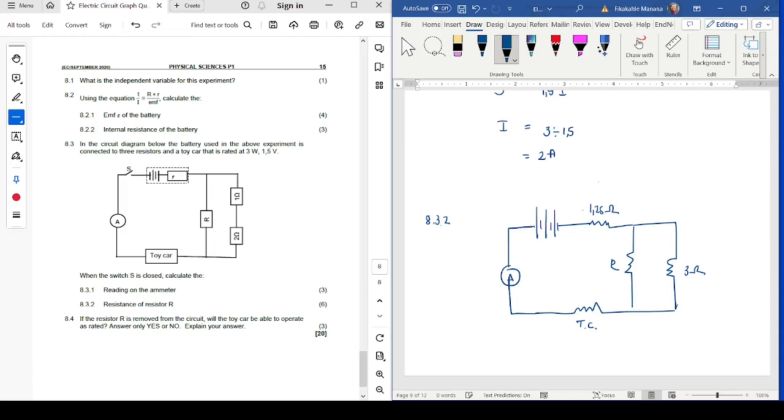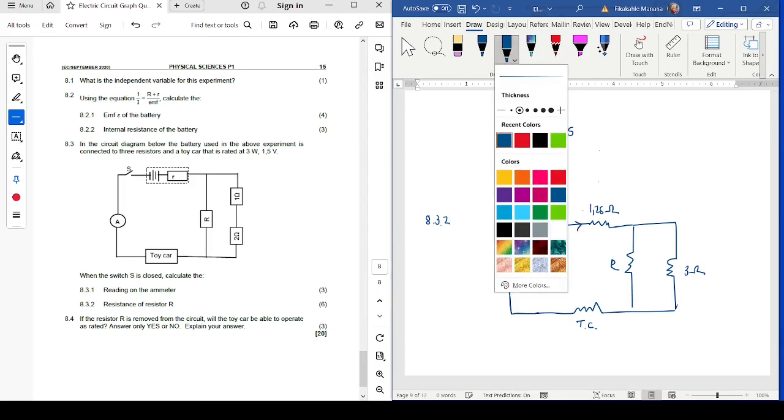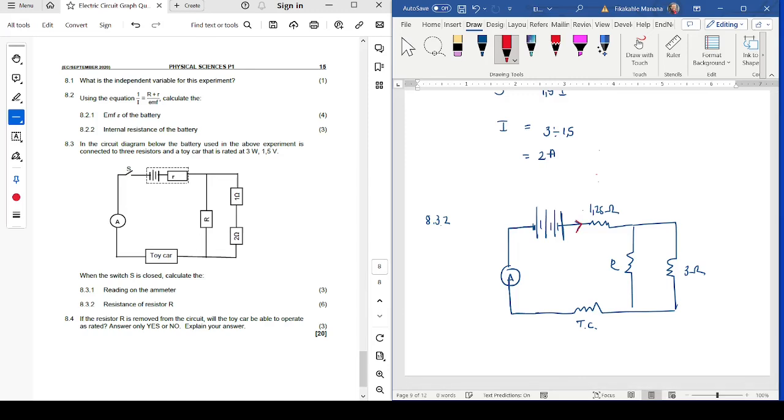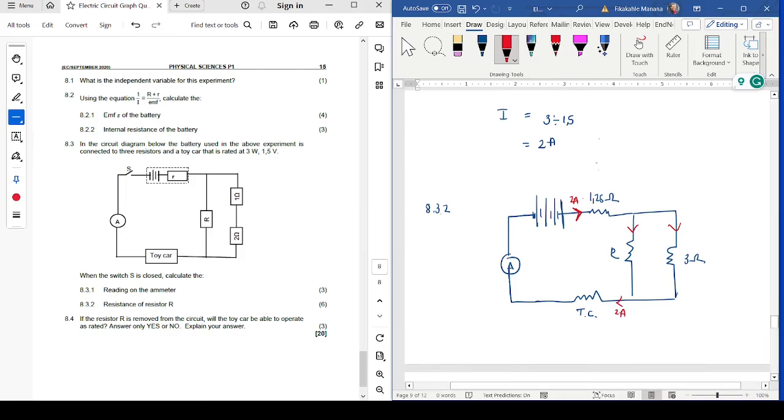Let's just do it like this. Yes, so the current is flowing in that direction. It's 2 amperes here. Then it divides, goes back to being 2 amperes.